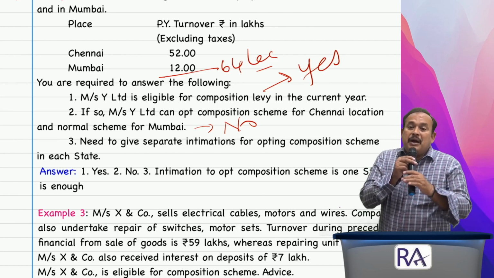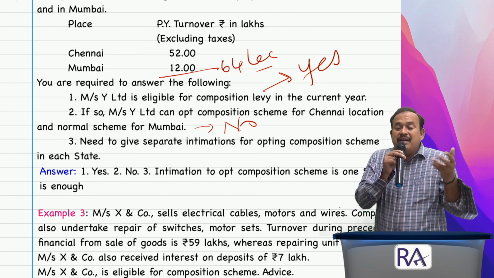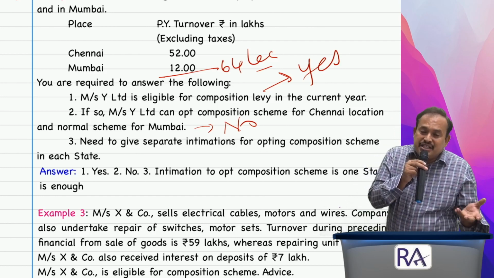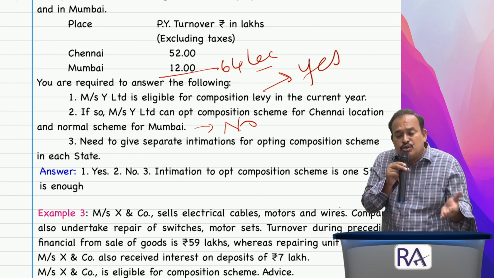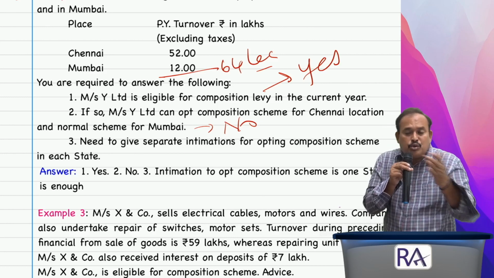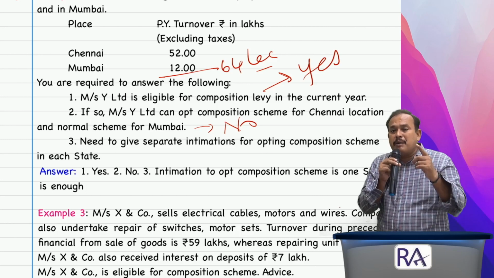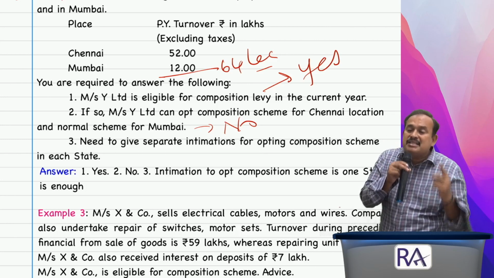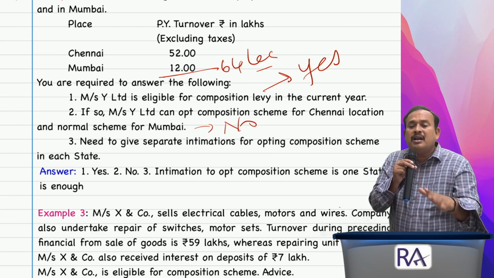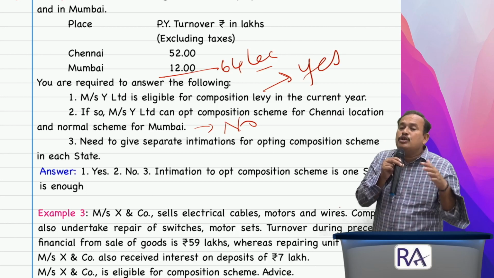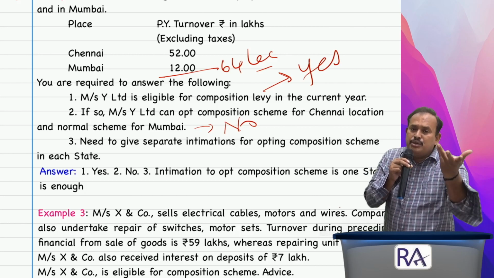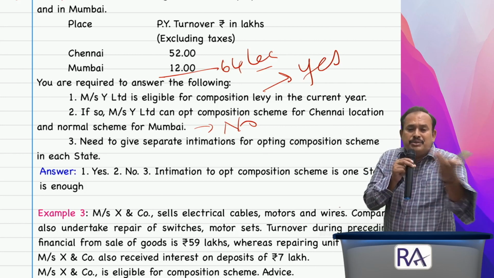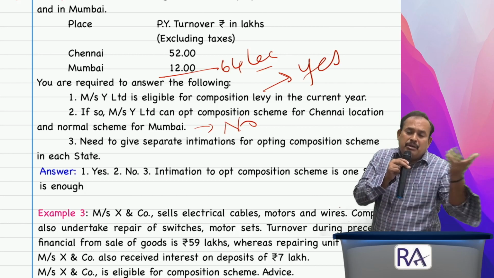Sir, if I am a registered person already registered in GST law, paying the GST normally, if I want to switch over from normal scheme to composition scheme, intimation to department before the commencement of the succeeding financial year. Unless the law permits opting composition scheme in between the financial year, maybe due to corona, due to pandemic, due to that, due to this, permission may be granted.